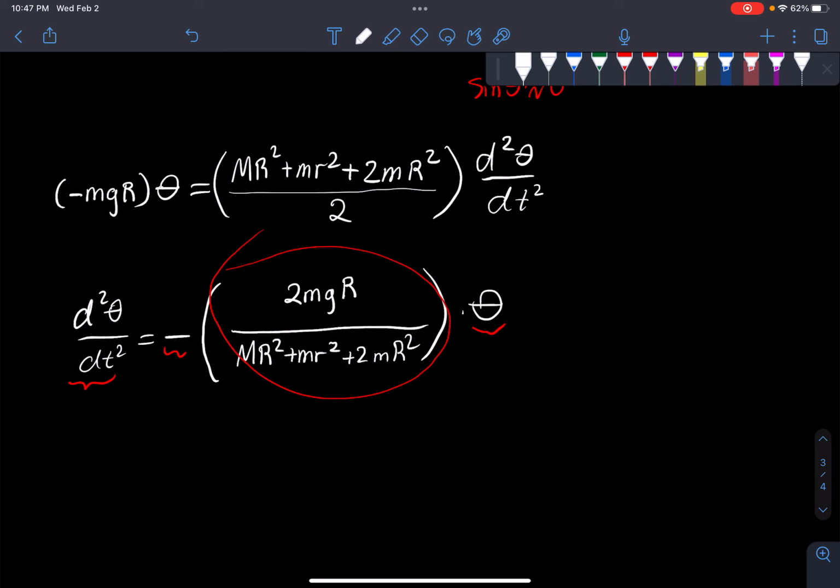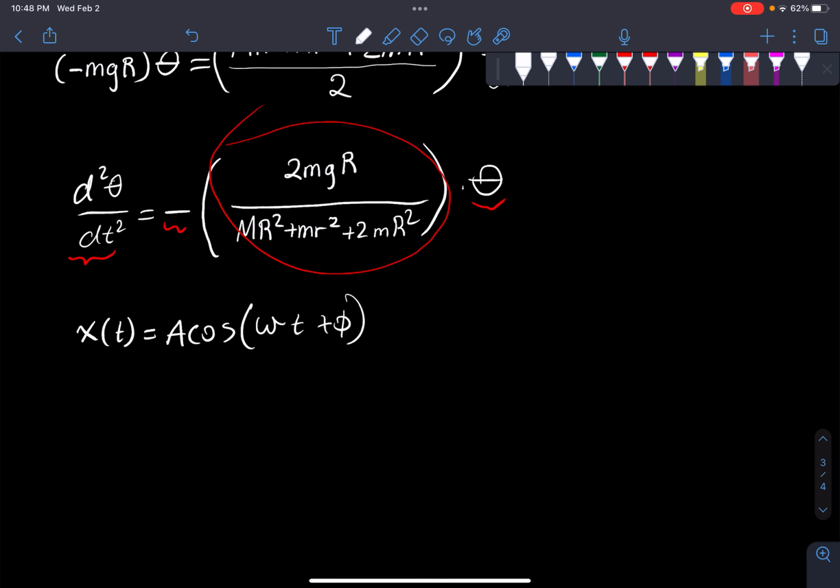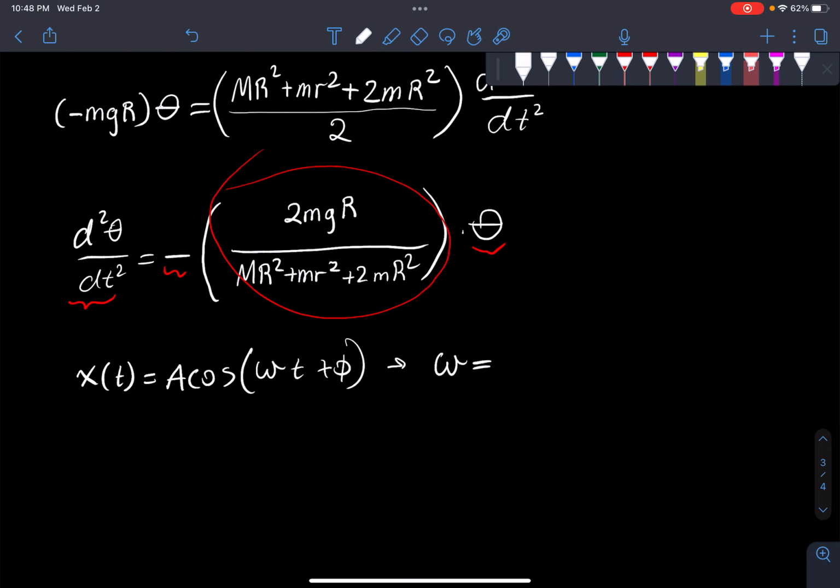So the solution to this differential equation is x of t equals A cosine of omega t plus phi, where omega is defined to be the square root of this big constant that I circled in red.